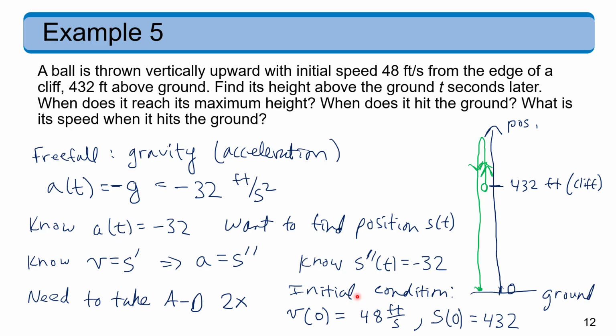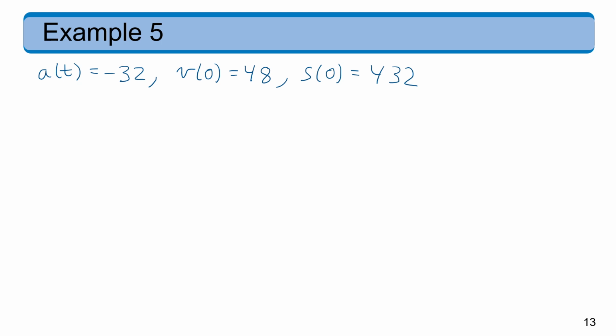Every time we take an antiderivative, we're going to add a constant, plus c, and these initial conditions can be used to pick out the correct value for that c, just like we did in the last example. I've summarized what we found on the previous slide. We have our acceleration function, and then we have our initial velocity and initial position.